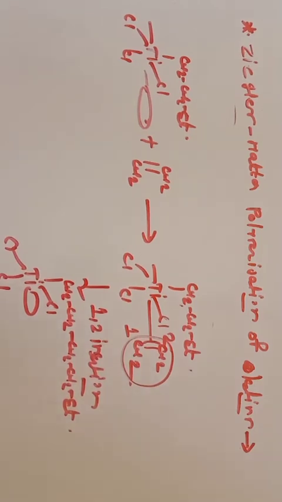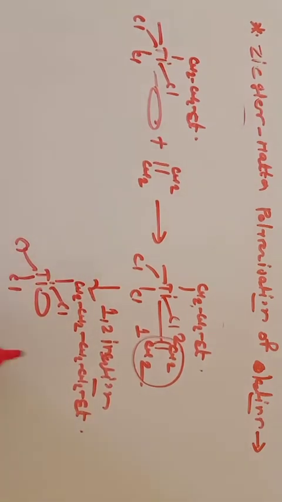So this is 1,2 insertion, and we get this with a vacant site, and the process continues with alkenes, that is CH2 double bond CH2. This is the mechanism of Ziegler-Natta polymerization.